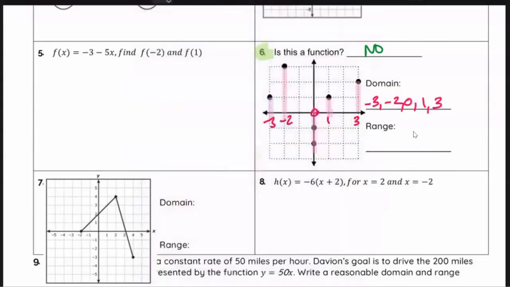Now for range, range deals with my y values. So you kind of want to figure out what values it is touching on the y-axis. Remember, the y-axis goes vertically, up and down. And so you kind of draw horizontal lines to see.